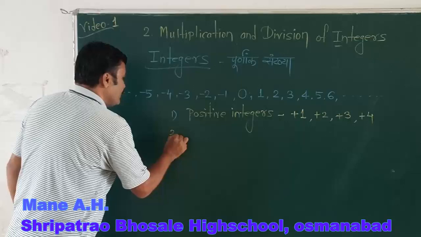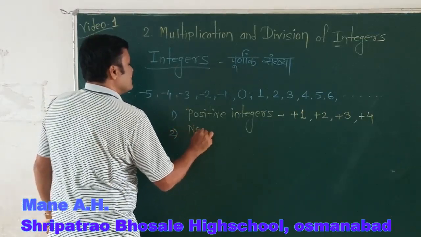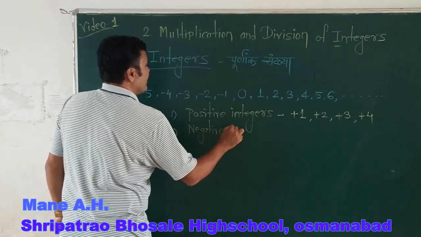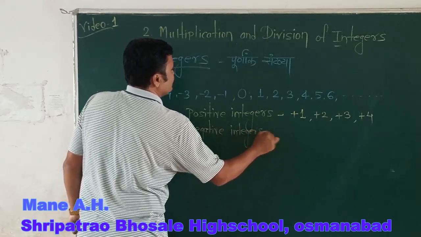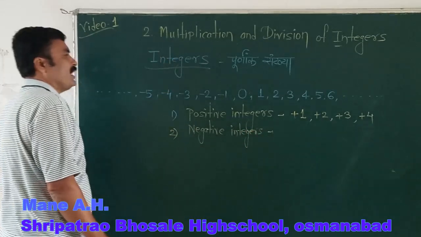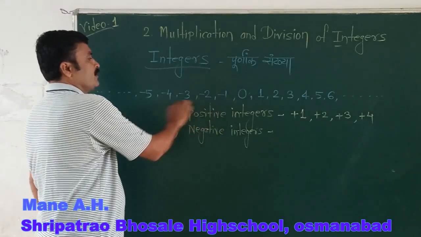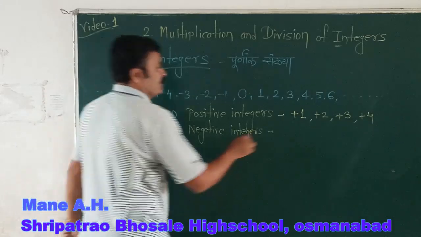The second type of number in integers is called negative integers. Now, if you observe this integer group, the numbers coming at the left of this 0, here I am writing by using a minus sign.